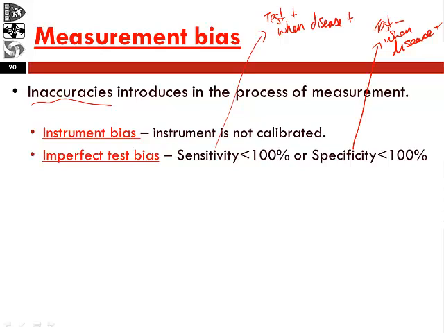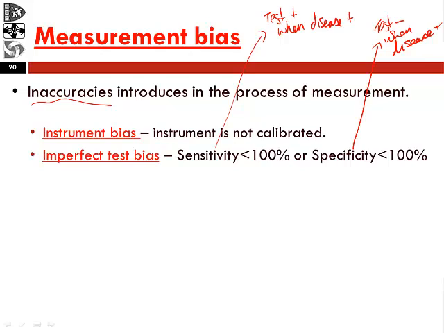So sometimes our tests are just imperfect tests. Sometimes when I give an HIV test to someone, it says positive when they are really negative. And that would be imperfect specificity. Sometimes it says that they are HIV negative when they are really HIV positive. That is imperfect sensitivity.